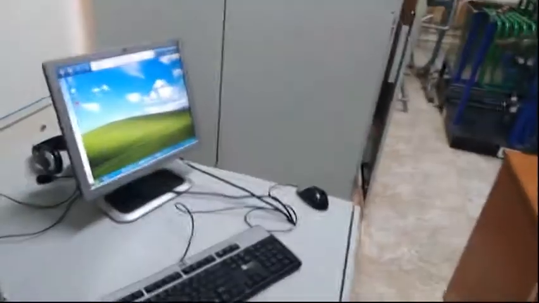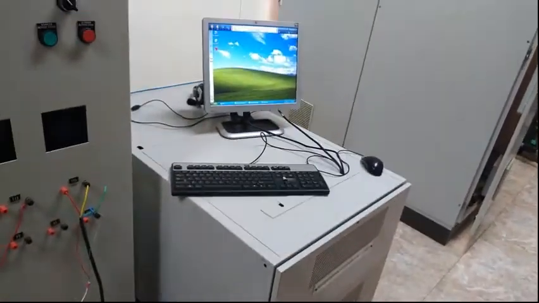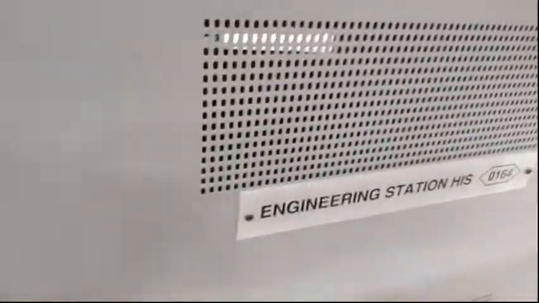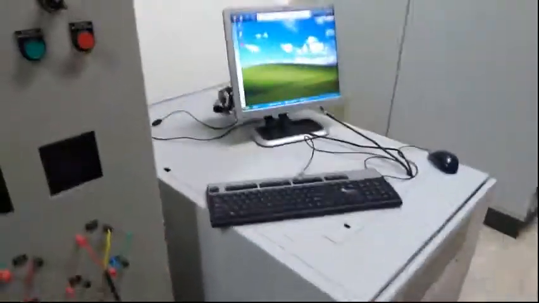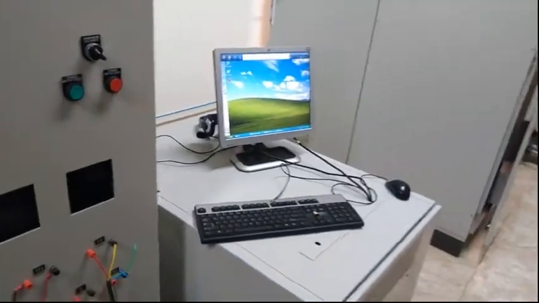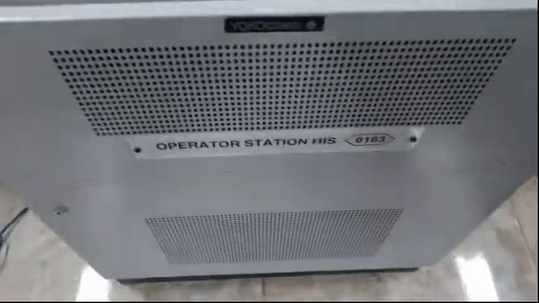The type of DCS that we possess in our DCS lab is Yokogawa DCS Centum VP setup, and it consists of an engineering station where the main control processes and the control commands will be executed, and we have three operating stations.